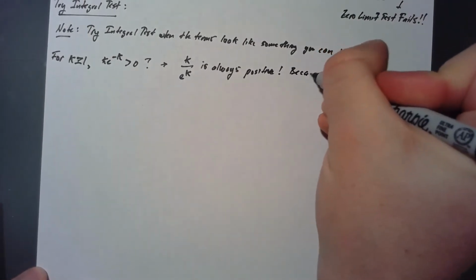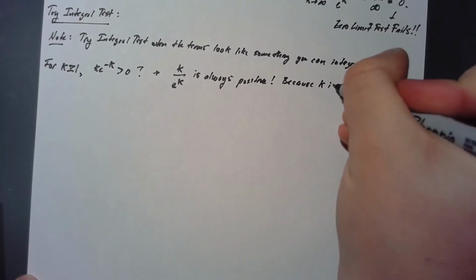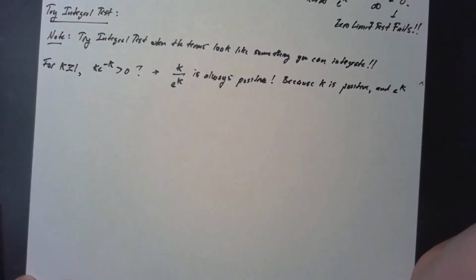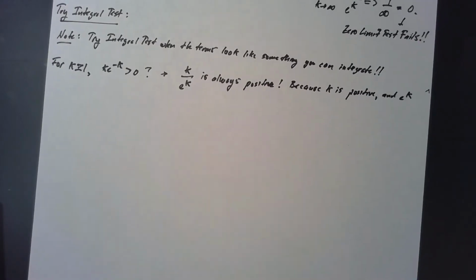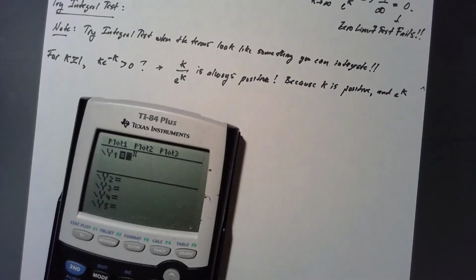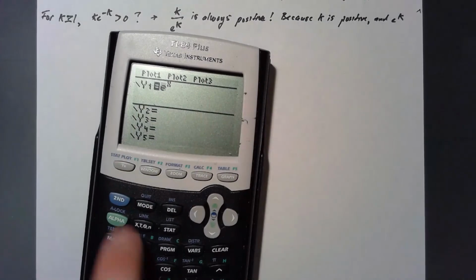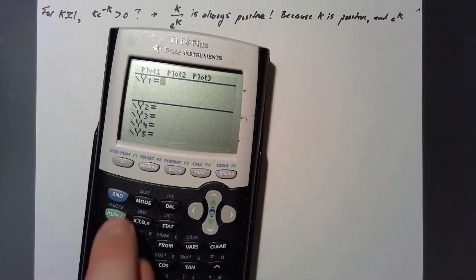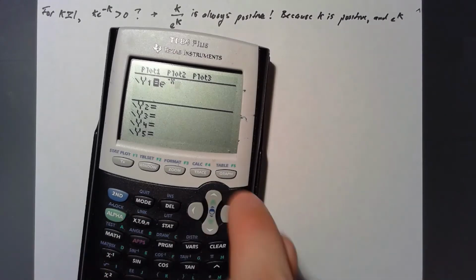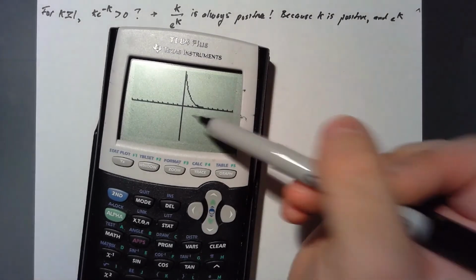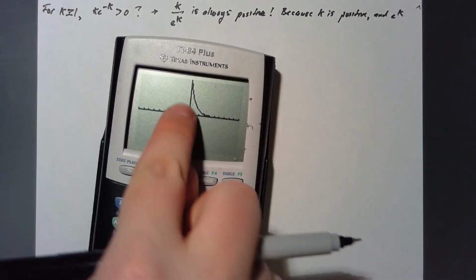And I could say because k is positive and e to the k, or in this case e to the negative k, if you want to look at it as over e to the k or e to the negative k, same thing. e to the negative x is just that graph inverted, which is still positive, still above the x-axis.